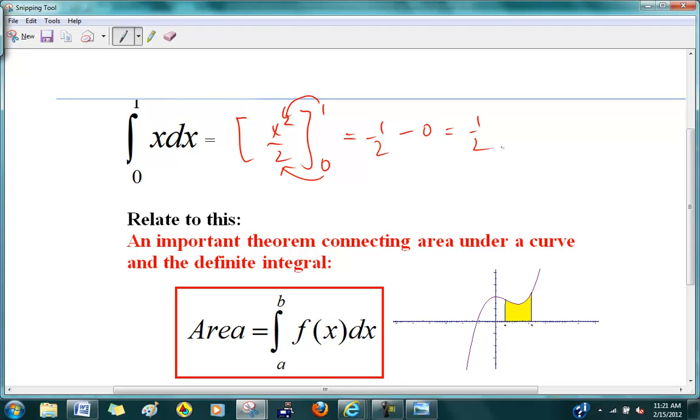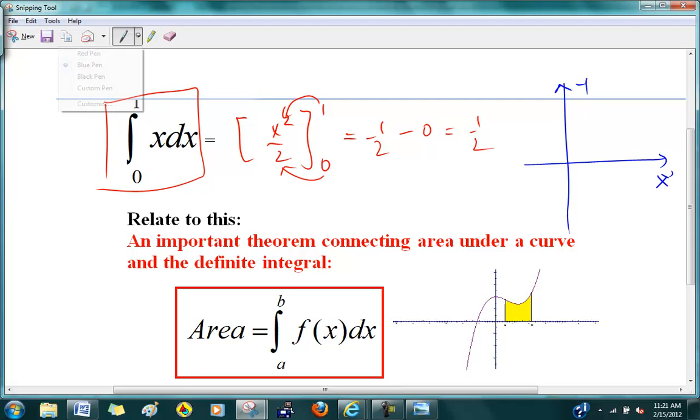Now in 4.1 through 4.3, we have learned that what this is actually doing is finding the area underneath a curve. So let's go see what this is all about. We've got our xy axis and the line y equals x. The problem formulated here is asking you to find the area underneath this graph and the x-axis between x equals 0 and x equals 1.